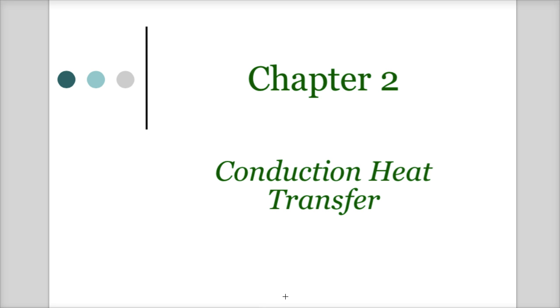Here is the first one, and from the book it covers chapter 2 and chapter 3. For this part, let's say this is chapter 2a. So, without further ado, let's get started.